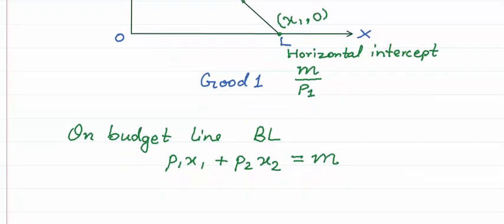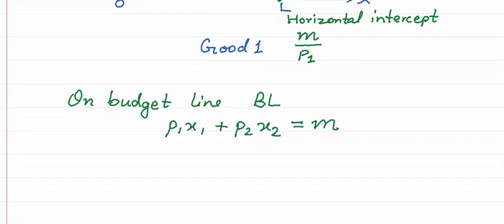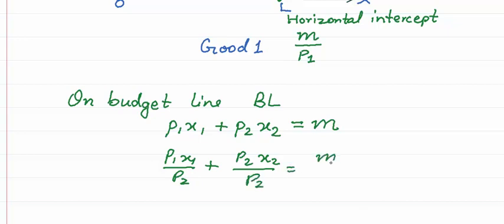Hence, we can say that P1 x1 plus P2 x2 is equal to the income of the consumer. Now, let's divide all these terms by P2, the price of good 2. So, we can write P1 x1 by P2 plus P2 x2 by P2 is equal to M by P2.